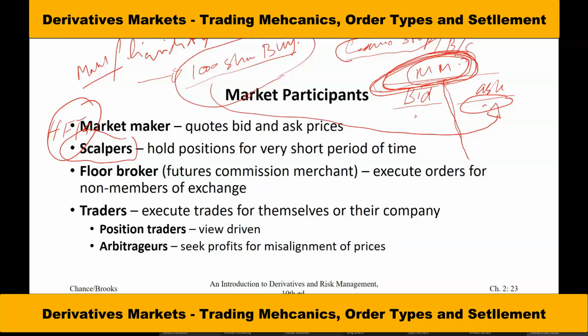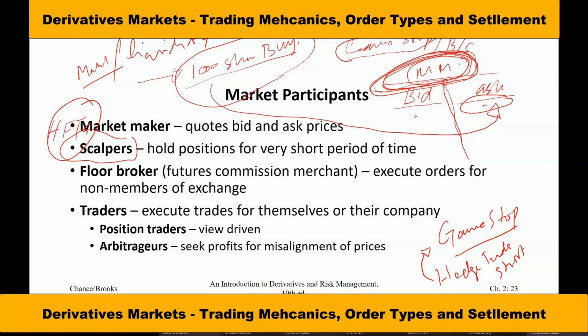A very good example of this is GameStop, where we saw that hedge funds had a short position. They thought that GameStop was overvalued and its share price would go down, and they sold the share short.